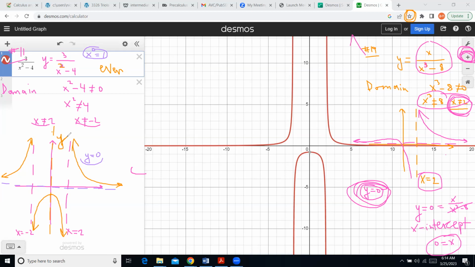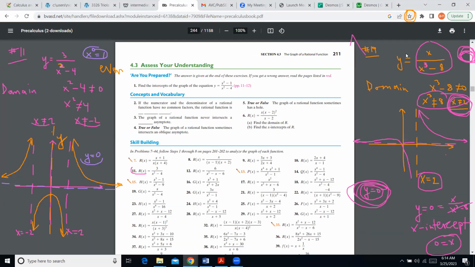That function is symmetric through the y-axis. That's helpful when you want to do graphing. So it looks like these ideas of having asymptotes are a key part in these sections, in sections 4.2 and 4.3. And my plan for today is to talk about these sections and do graphing.